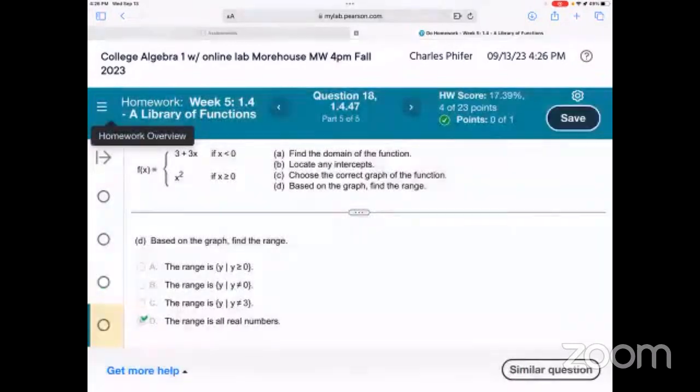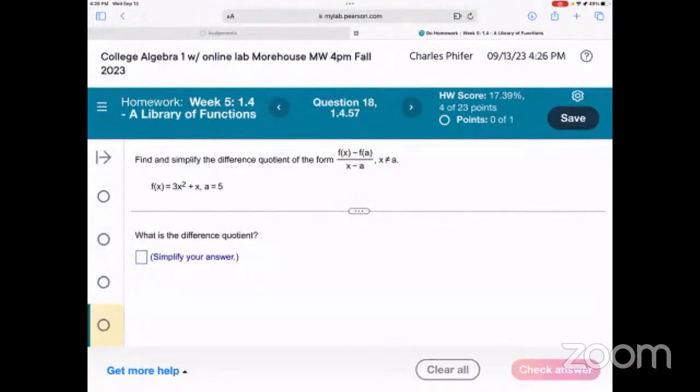Okay. The difference quotient. Yes, let's walk through this. So let me get a copy.